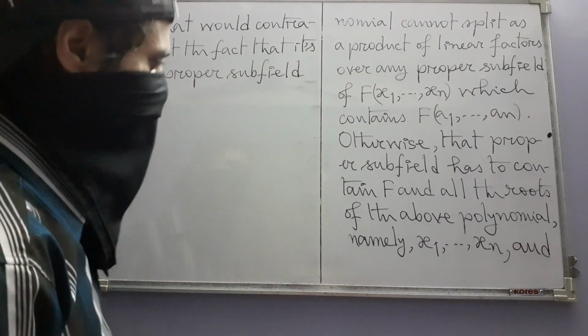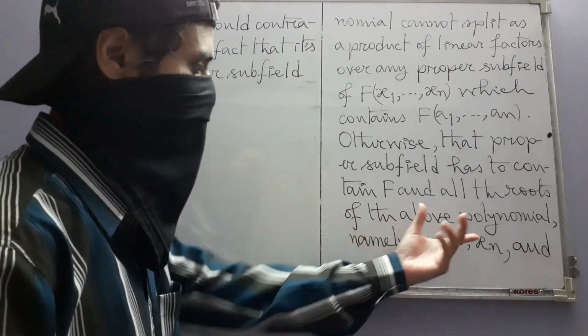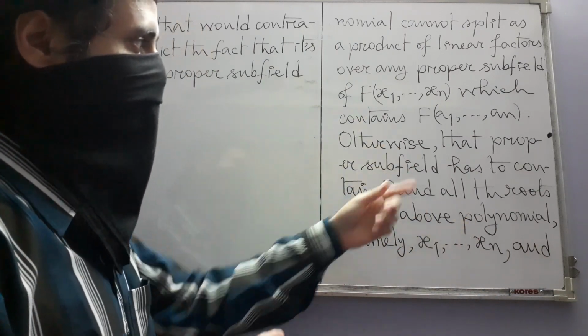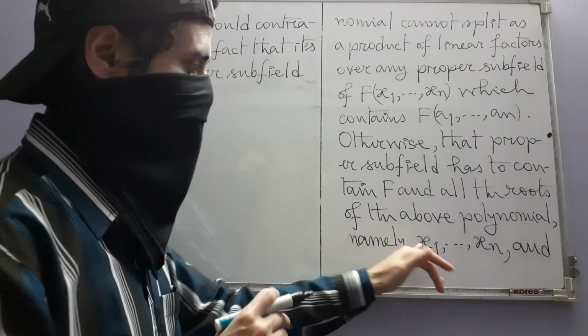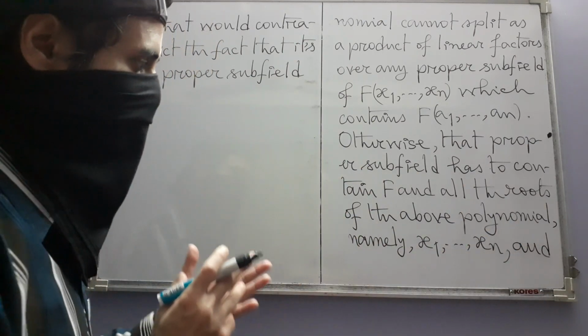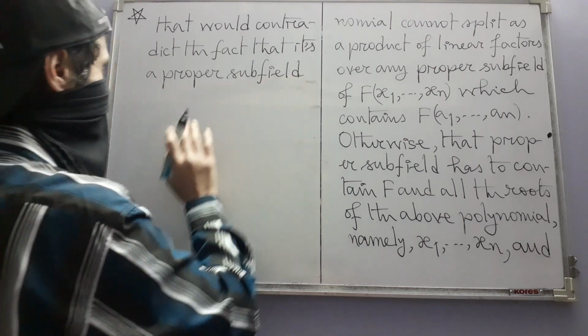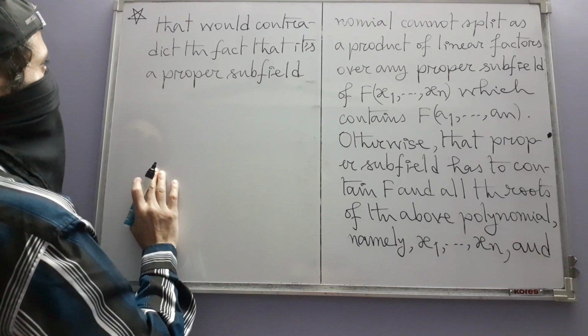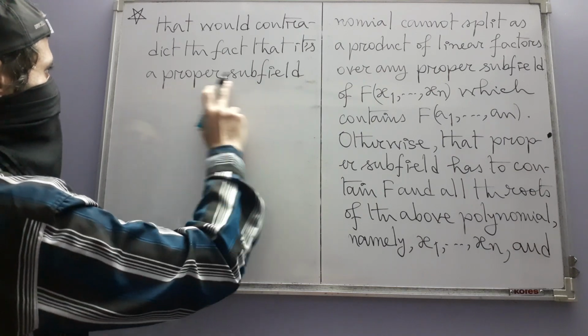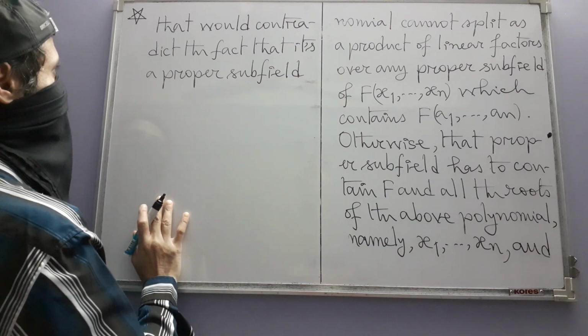That would imply that that subfield contains F(x1, x2, up to xn), and that's why that is not possible. It cannot be possible for a proper subfield. Its nature of being a proper subfield is being violated.